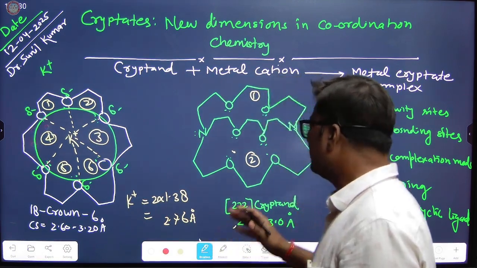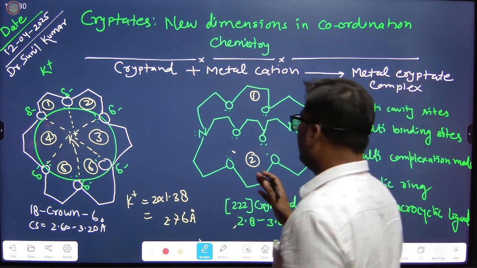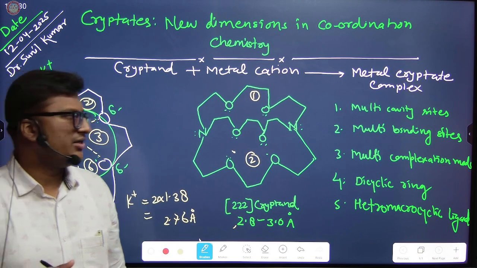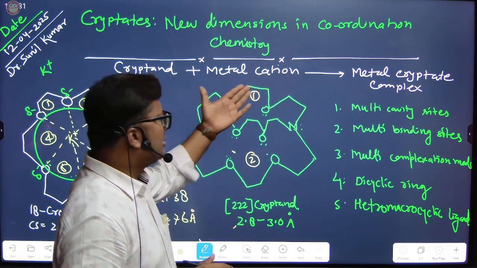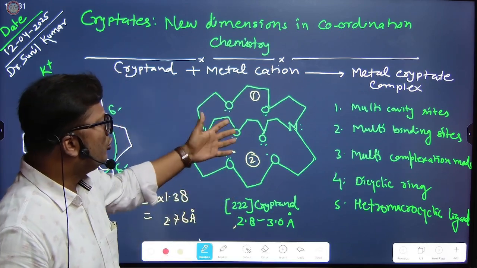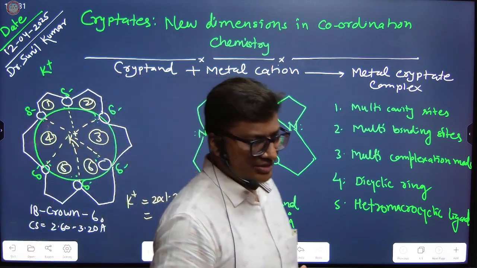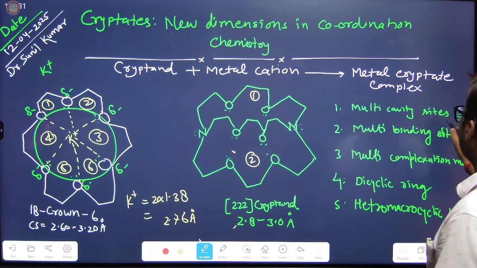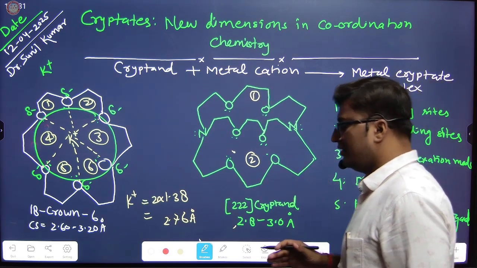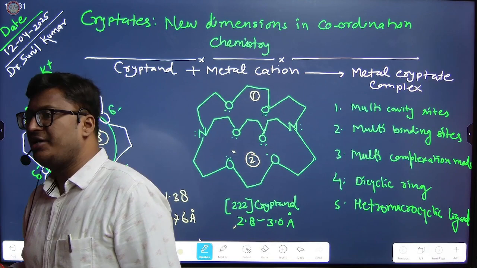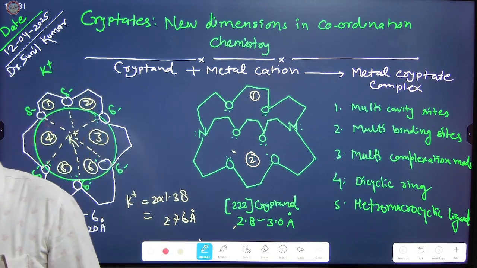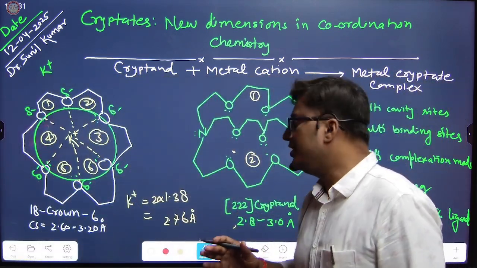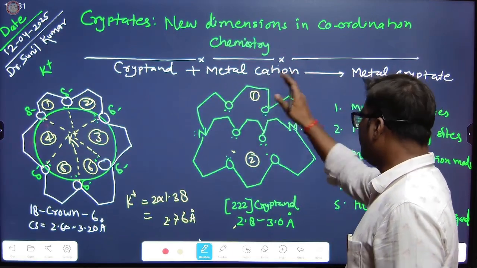The crown ether can capture only one metal cation, but this is responsible for binding more than one cation. So it has multi-cavity sites. The structure may be bicyclic, tricyclic, tetracyclic, or pentacyclic, according to the number of ether groups present in the strands.